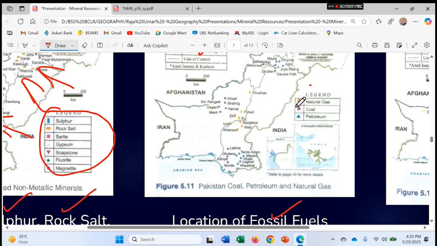So this yellow rectangle is for natural gas, and here you can see this is the major region of natural gas, that is the bordering areas of Punjab, Sindh and Balochistan. Majority of the natural gas reserves are available in the Balochistan region, and a few are in the Sindh region as well. So coal, a purple colored square box.